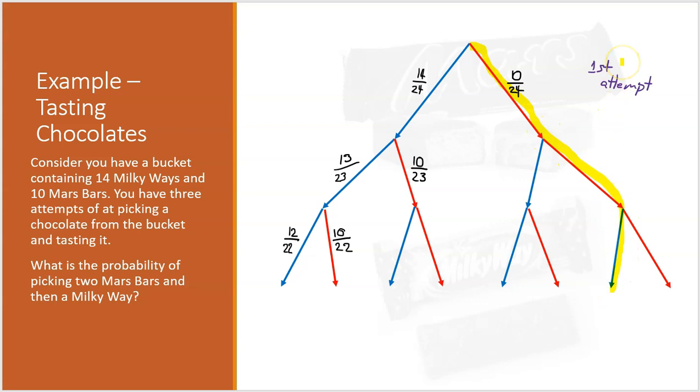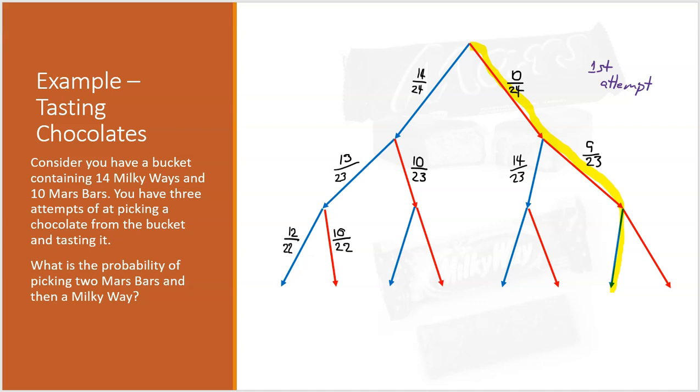There's 2 Mars bars and a Milky Way, so this path down here. If we calculate the probabilities, we've got 1 Mars bar on this part here. To get a second one, it will be a chance of 9 over 23, and then to get the Milky Way, it will be a chance of 14 in 23.